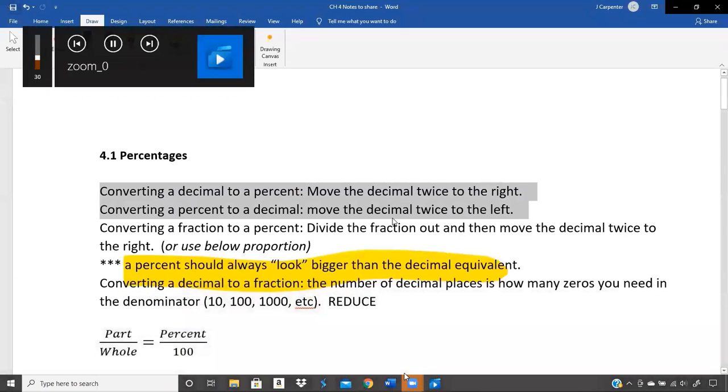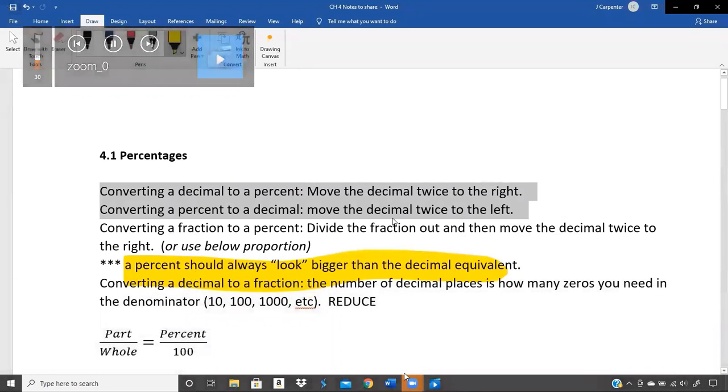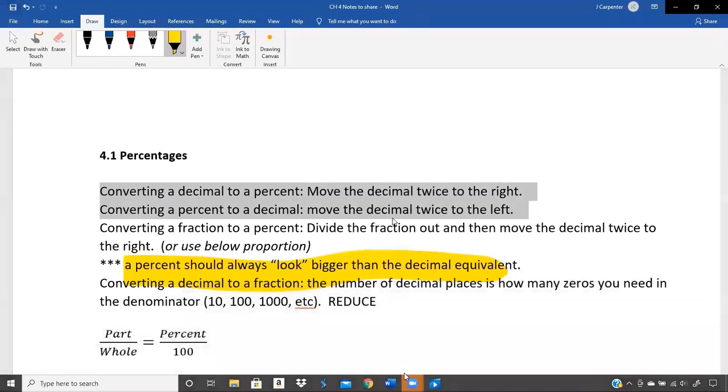All right, so as a reminder, the way I like to do things, instead of just remembering absolutely, if I'm going this way, it's twice to the right. If I'm going this way, it's twice to the left. I like little tricks to help me remember things. So I said that a percent number should always look bigger than its decimal equivalent.